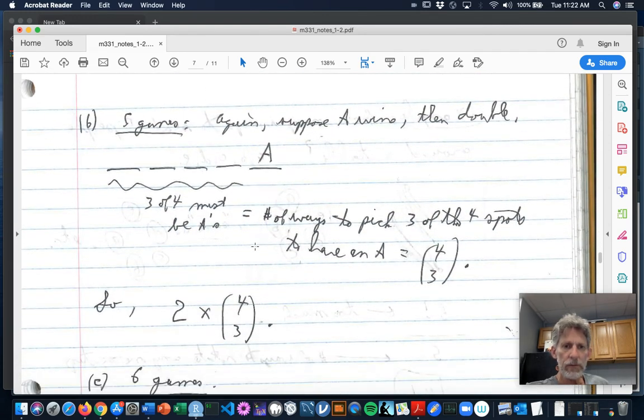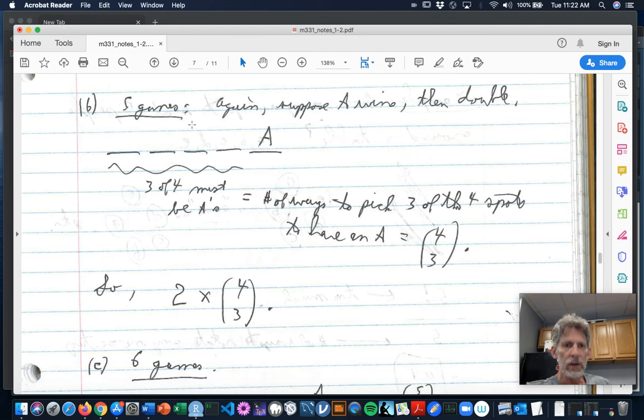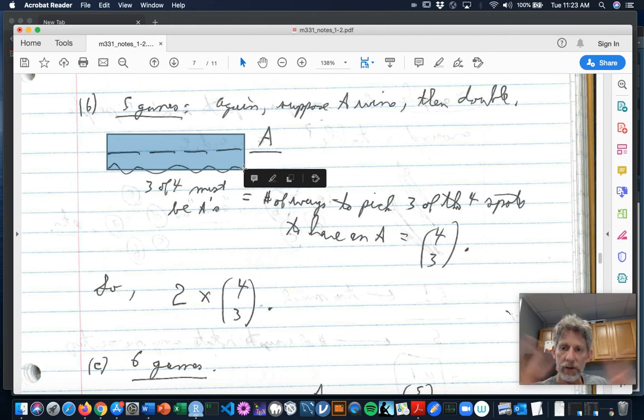What about 5 games? This is part B of the problem. How many series are possible? Again, we'll do two cases. But now that we realize that both cases, A wins and N wins, are going to yield the same number of ways, we're just going to suppose that A wins and we'll double our answer. Okay, so we put A here at the last of the 5 games, and we think about those first 4 games. 3 of those 4 games have to be where A wins, so that A will have 4 victories winning the series.